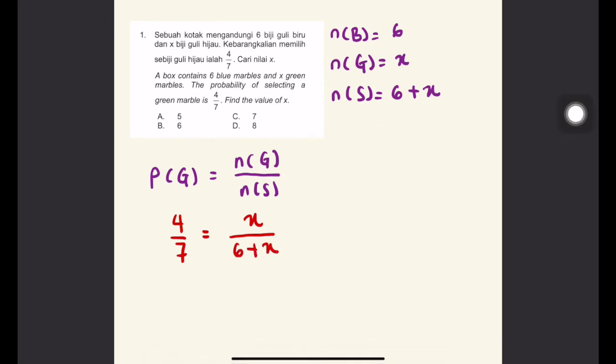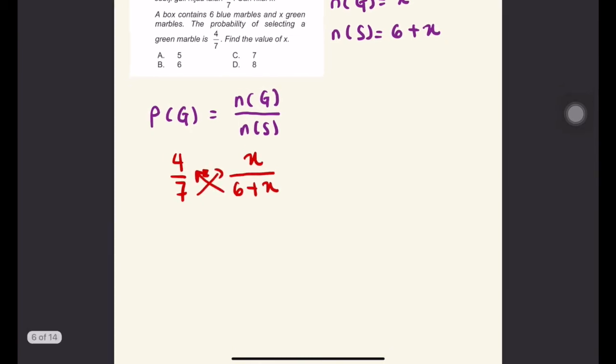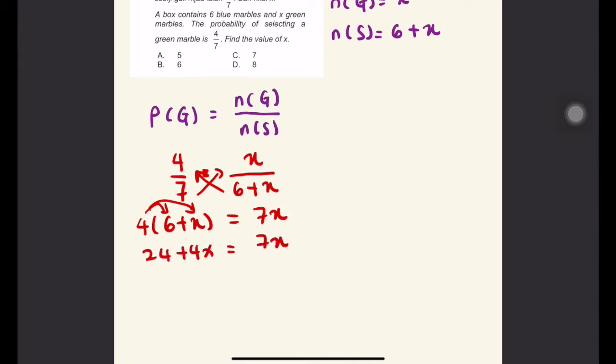Then we do cross multiplication. So we have 4 times 6 plus X is equals to 7X. Expand the bracket: 24 plus 4X is equals to 7X.